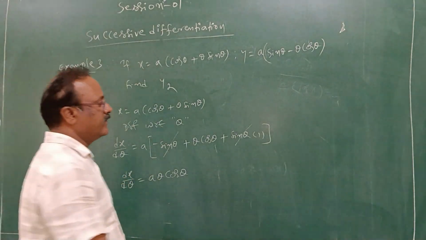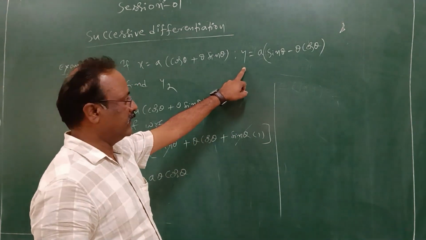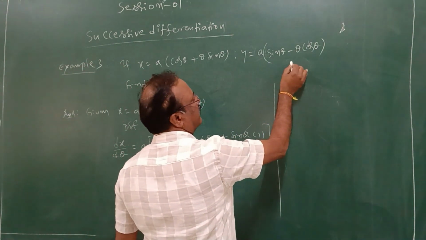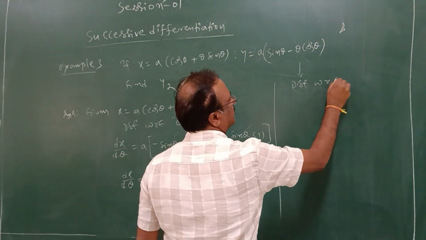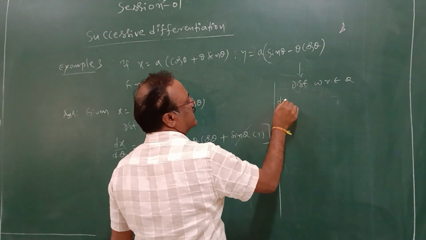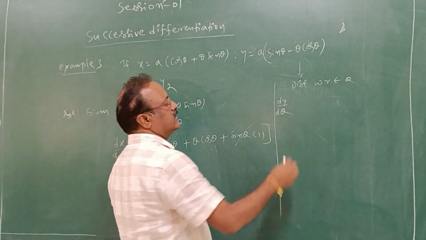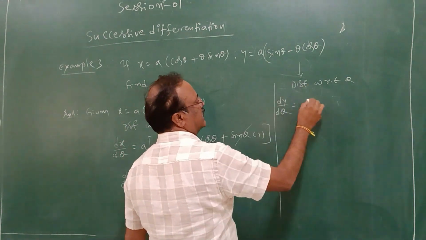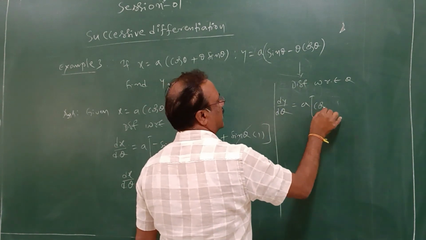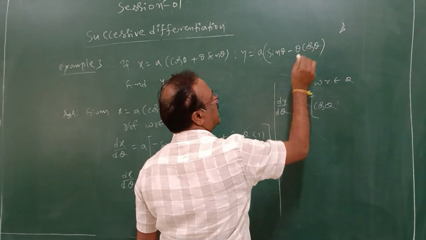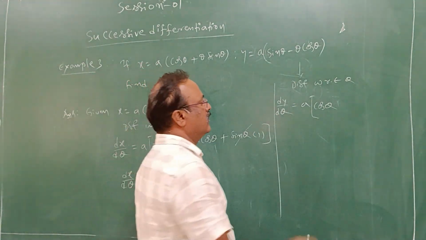Now let us find dy by d theta. If I differentiate y with respect to theta, dy by d theta is equal to a, constant, into the function. Sine differentiation is cos. Again, minus theta cos theta is there, so I have to use the product rule.